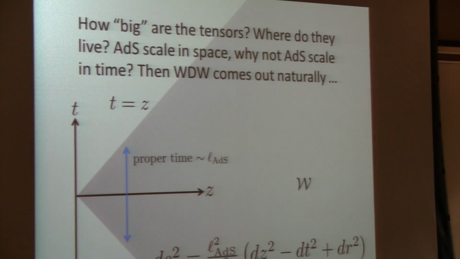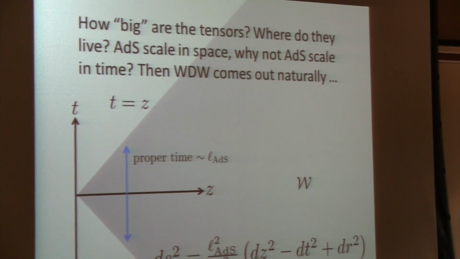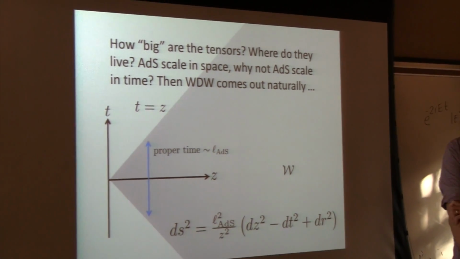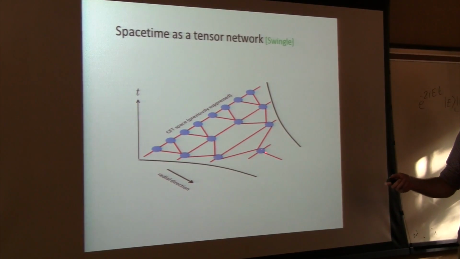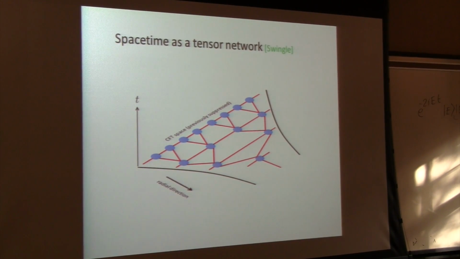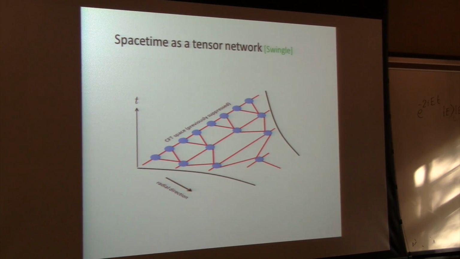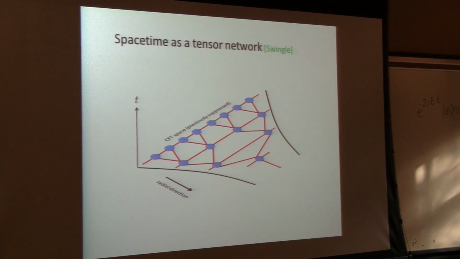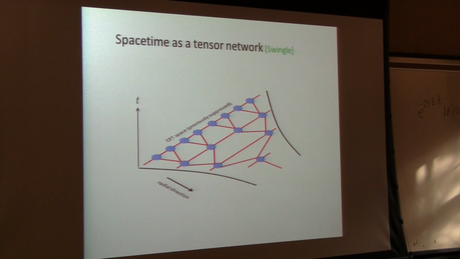Okay. Now we can ask a question: how big are these tensors? How much space does each node in this network take up? And where should I think about these nodes living? It was argued originally that you should think about these nodes as being roughly of order the AdS radius in size, like little patches of space of order the AdS radius. But I would like to suggest that we should be a little more democratic and not think of them as just living at a single time, but let them spread out a little bit in space-time.